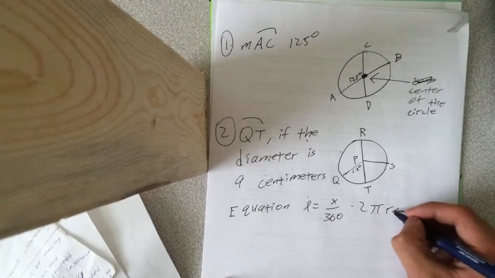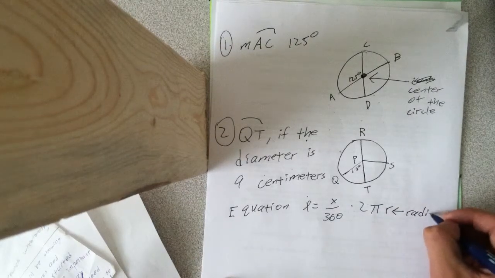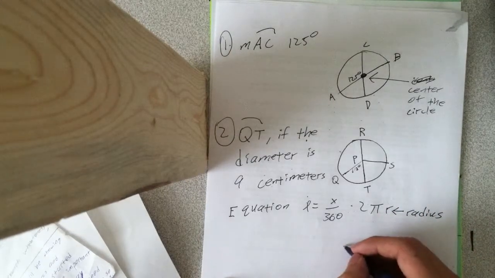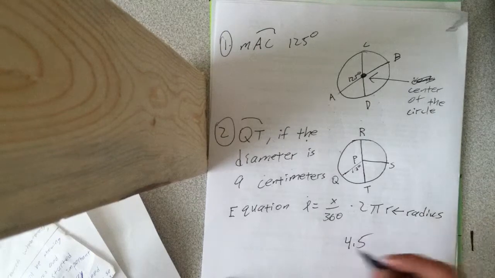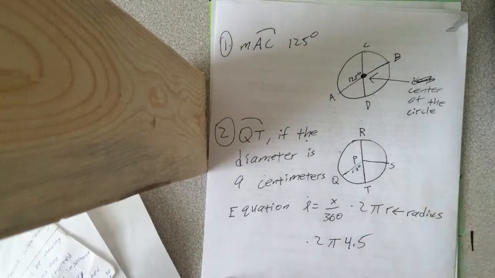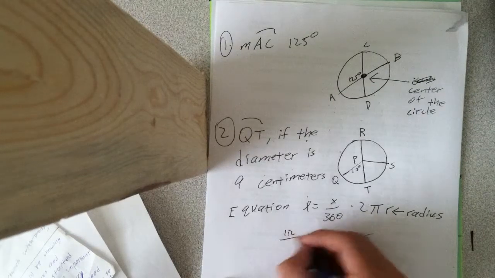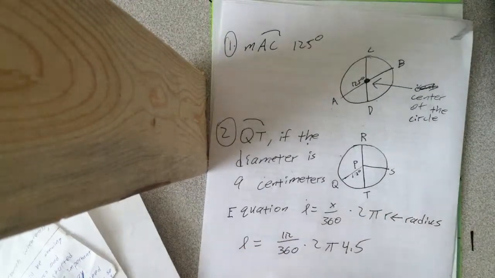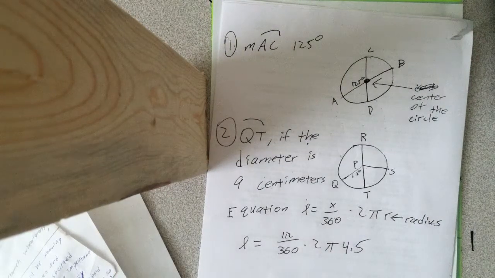Now remember, r stands for radius, not diameter. So the radius of the circle would be 4.5, and you would do 2 pi times, it says 112 degrees, so you do 112 divided by 360, and yeah, you take out your calculator.